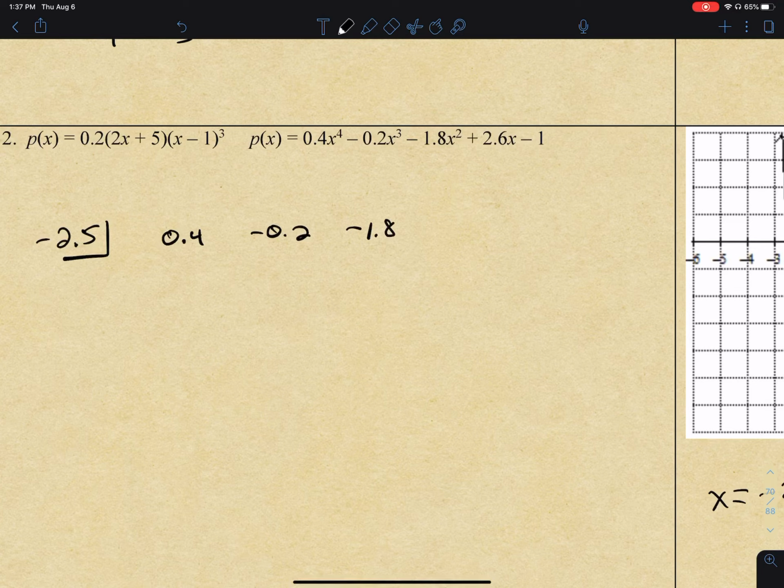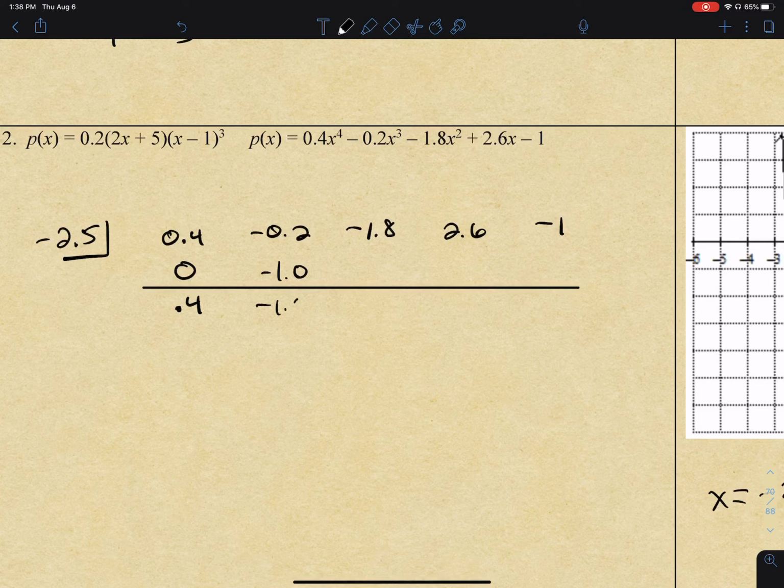I'm not missing any terms. If you're missing any terms in the polynomial, you want to put zeros in their place. 0 plus 0.4 is 0.4. -2.5 times 0.4, that is negative 1. If we add these, we get negative 1.2.